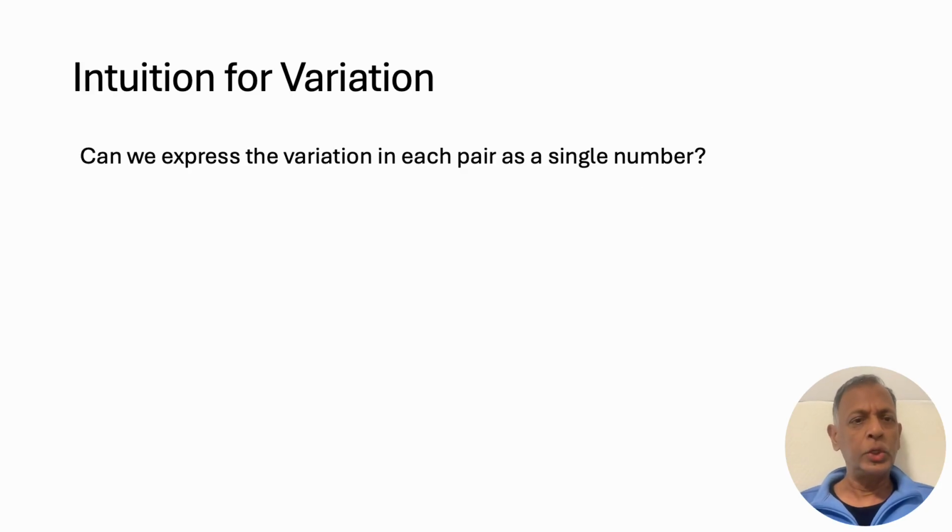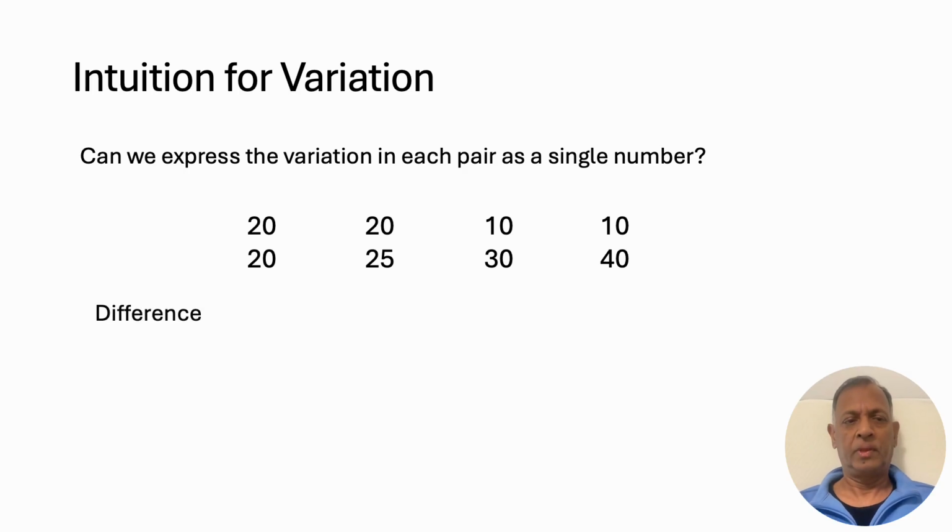The intuition for variation is: how can we express the variation as a single number? You've got these four pairs. One way to express the variation between the numbers is to simply take the difference. Clearly the difference here is 0, then 5, then 20, then 30, and therefore the variation is clearly more in each successive pair.